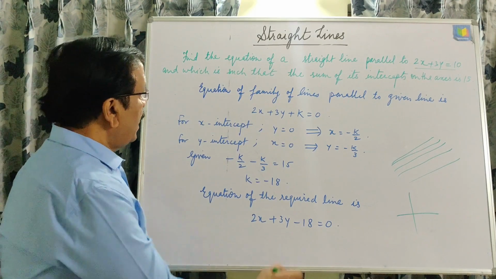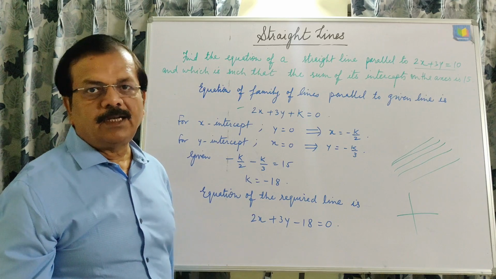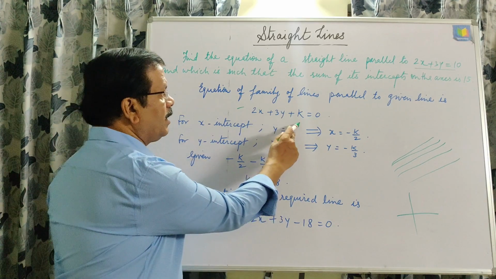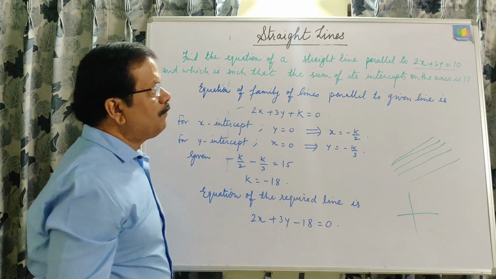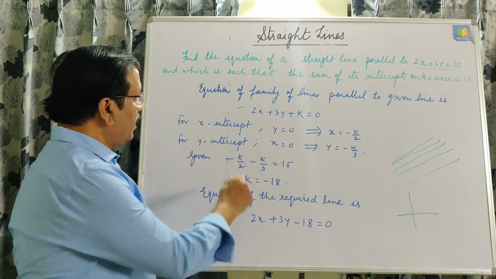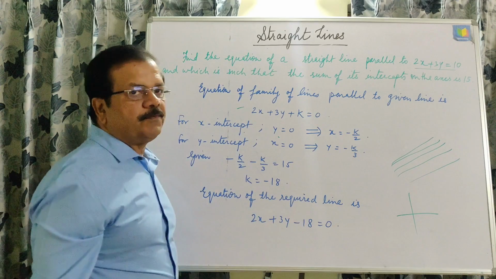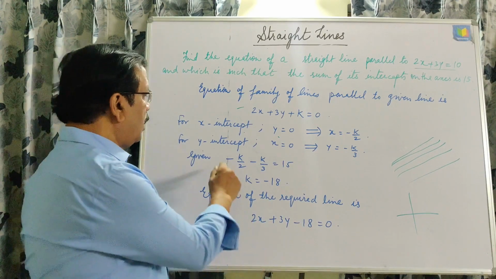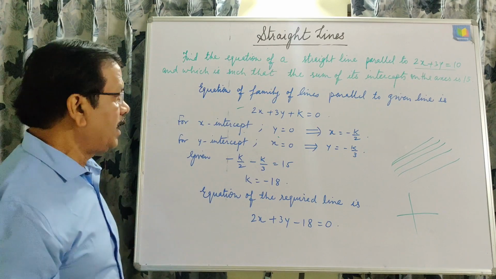Writing the equation of the family of lines parallel to the given line, 2x plus 3y plus k is equal to 0, we are given the sum of its intercepts on the axes. On the x axis, y is equal to 0, and this intercept will be minus k by 2. On the y axis, x is equal to 0, and this intercept will be minus k by 3.